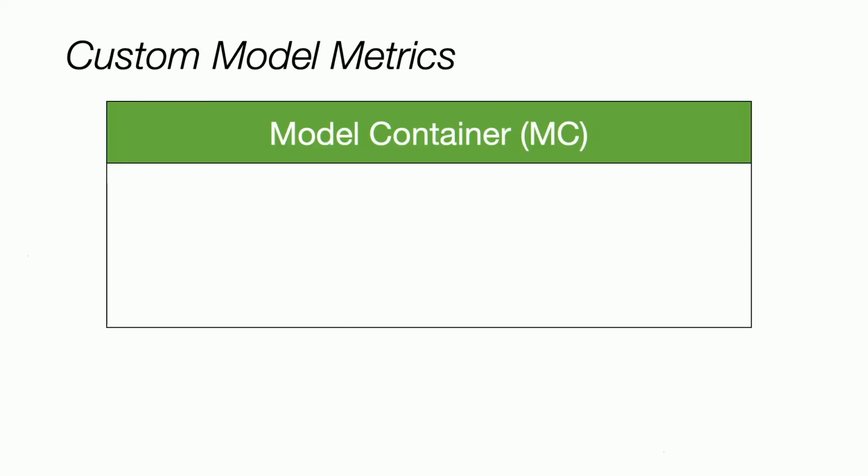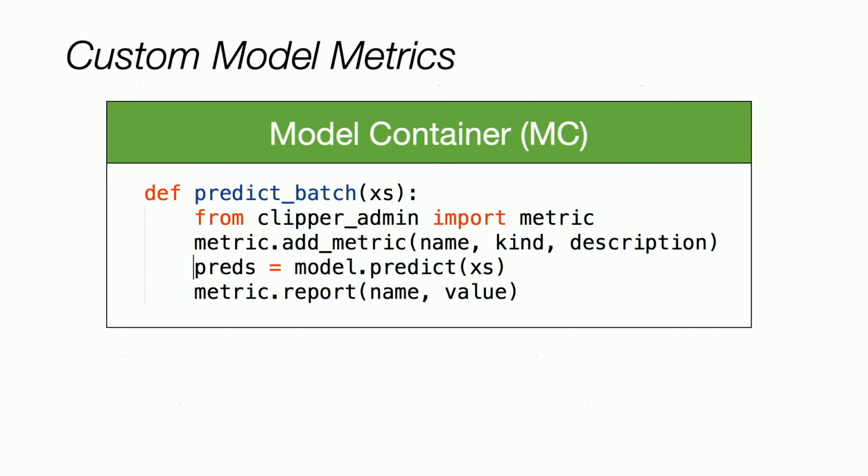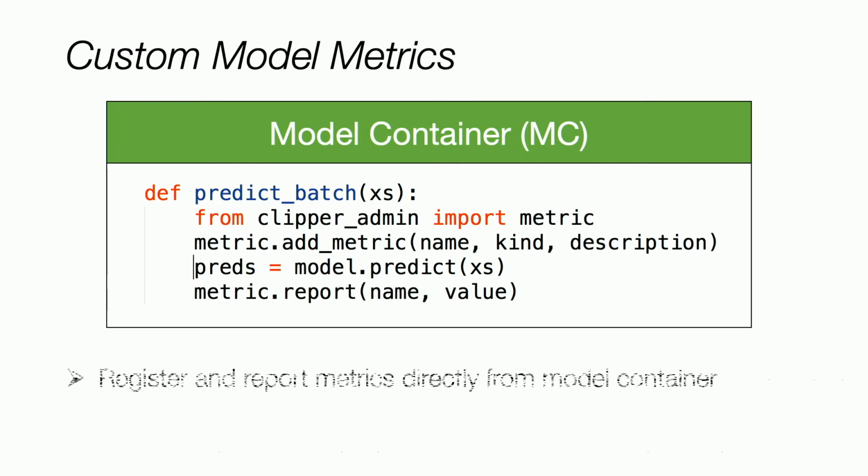However, just getting your model out there and running is not enough. A data scientist or a team needs to figure out how the model is doing as it's serving live traffic. To do that, Clipper lets data scientists export custom metrics for every model they deploy. While you're writing the prediction code, you can register and report metrics directly from the model containers.